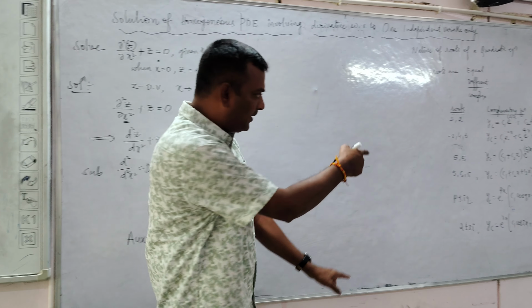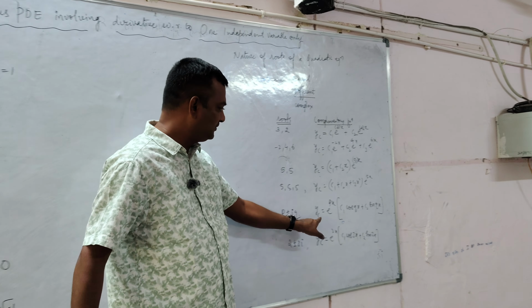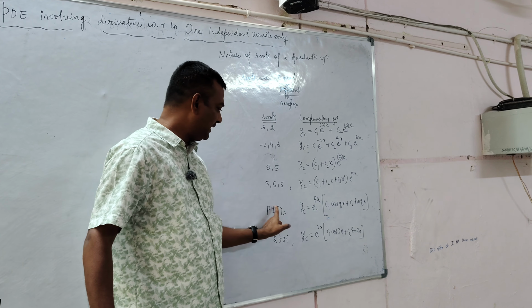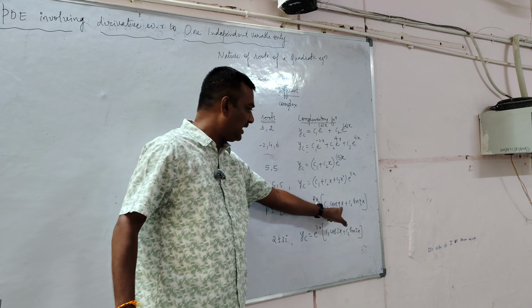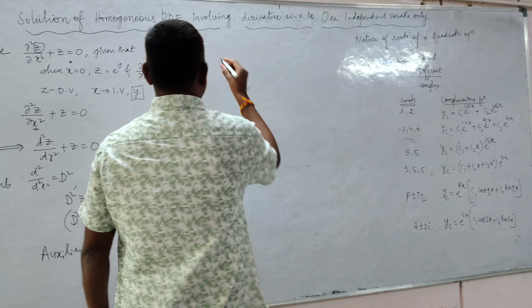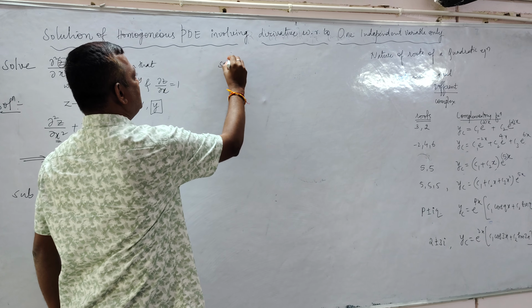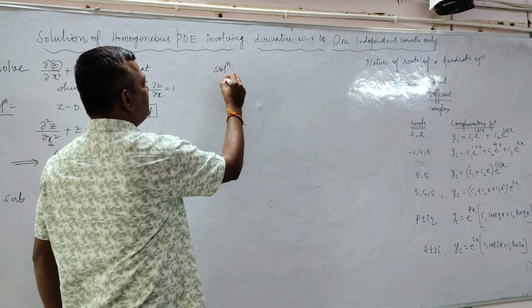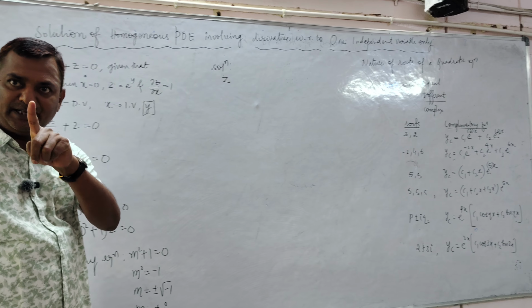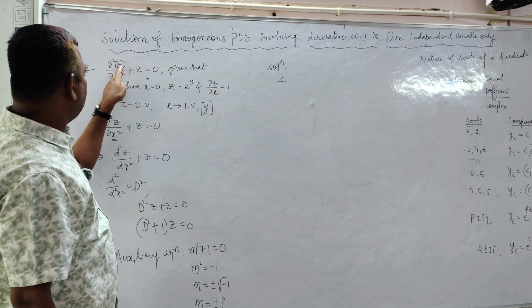complex. When roots are complex, what is the solution? Yc is equal to e^(px) into (c1 cos qx + c2 sin qx), where p is the real part. So what is the solution? Our complementary function is, we write the dependent variable, which here is z.